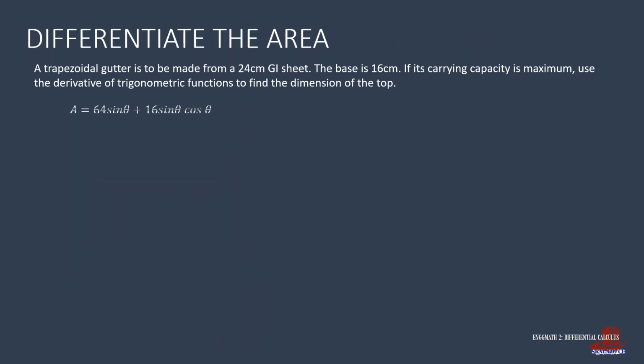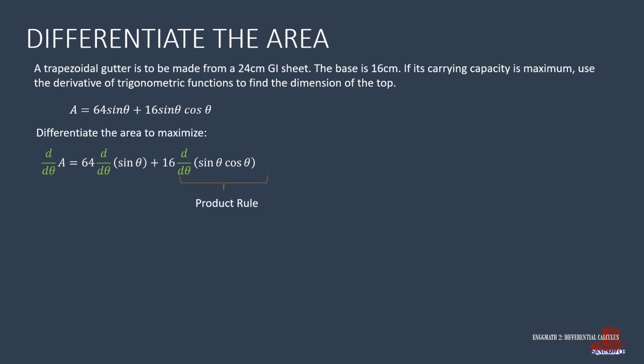With just A and theta left in the function, differentiate it, still having two terms in the second term, which means we will still use product rule. The function's differentiation then is dA over d theta as equal to 64 cosine theta times d theta over d theta plus 16 times sine theta with the derivative of cosine theta plus cosine of theta with the derivative of sine theta.